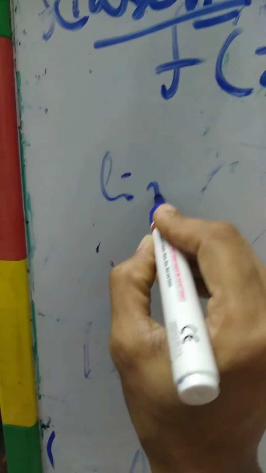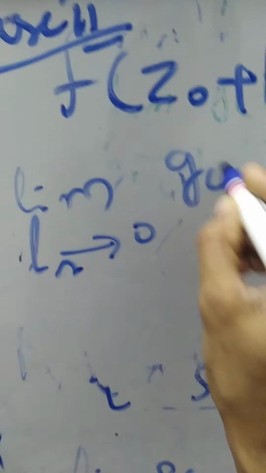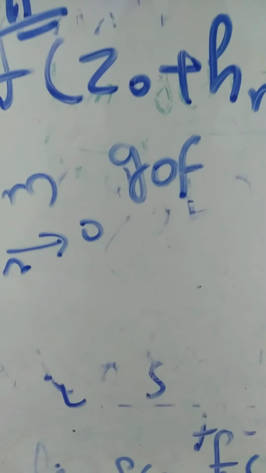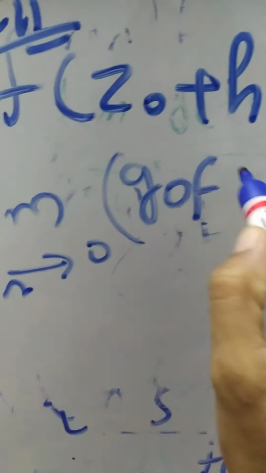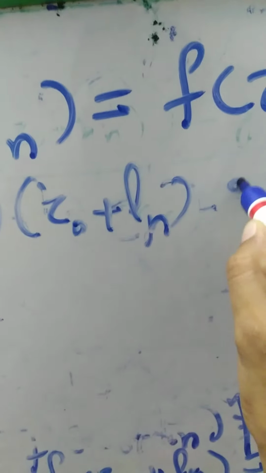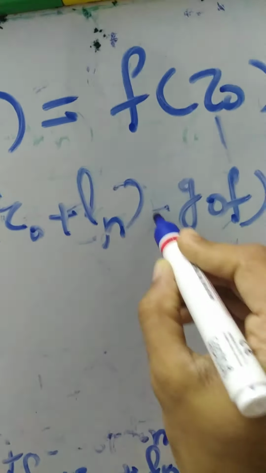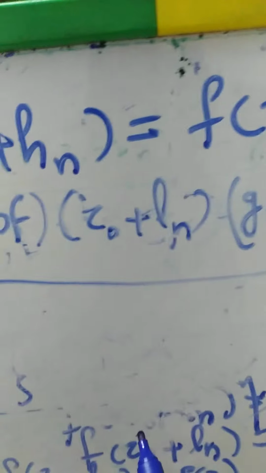Now you are considering the limit as l_n tends to 0. You need to find the derivative of g composition f, that is, g∘f(z naught + l_n) minus g∘f(z naught) divided by l_n. What is the denominator here?